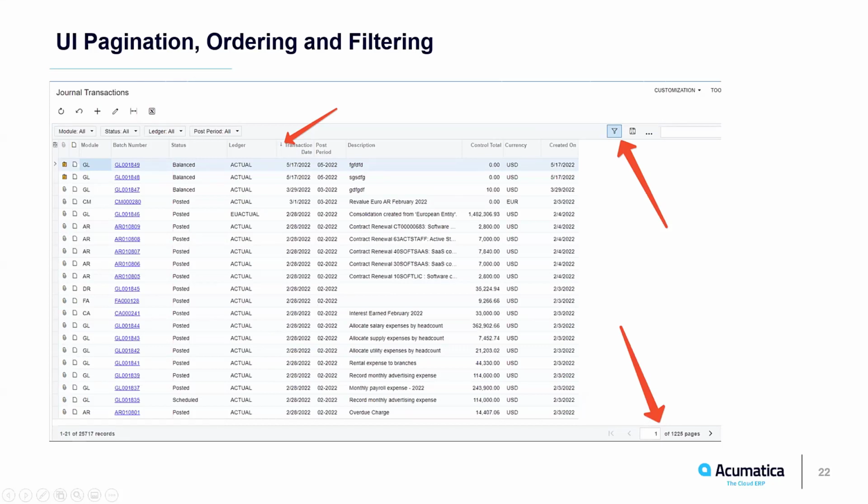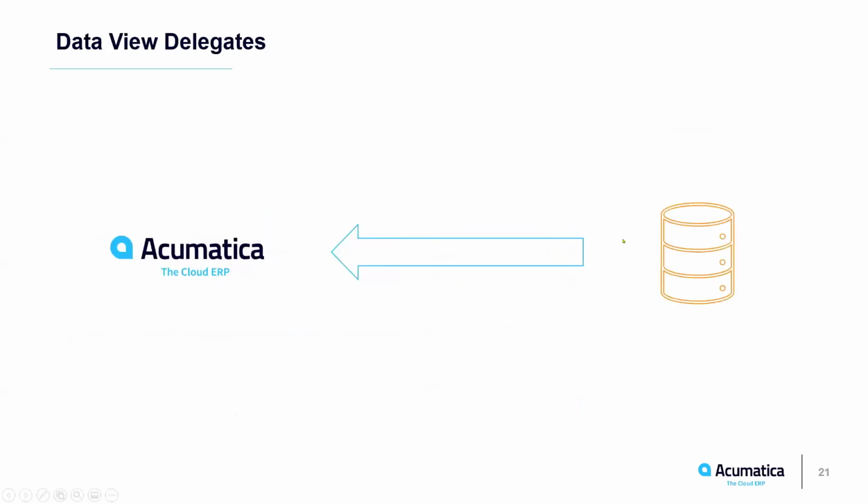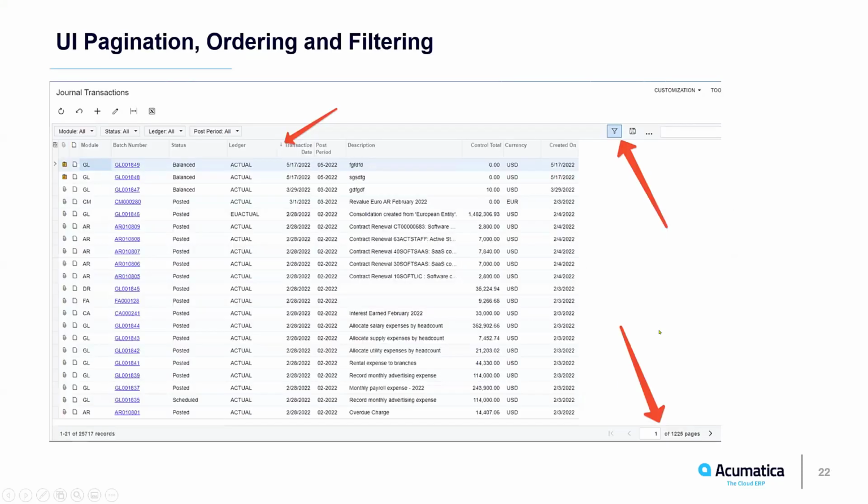Why is that important? It is important because Acumatica has a built-in optimization: when you select data from the database directly, using BQL, using a PXView, it will try to apply all those things to the SQL select directly.